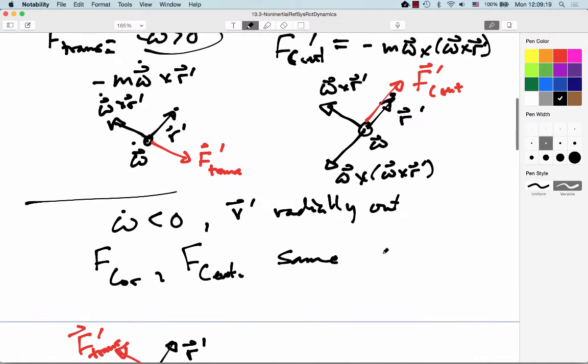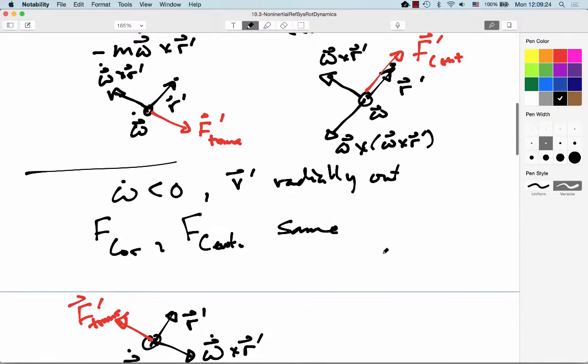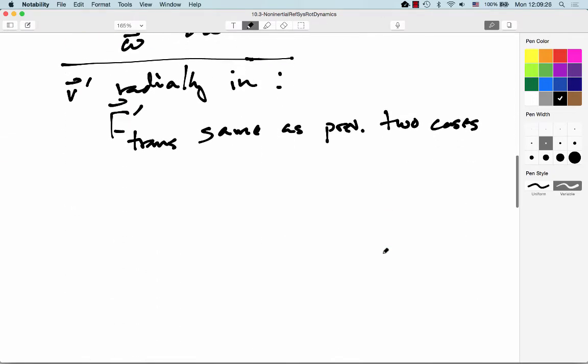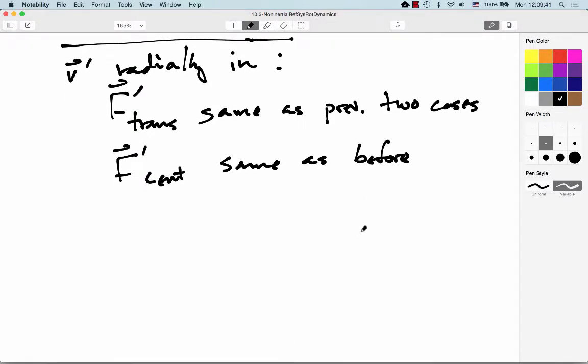And also, the centrifugal force doesn't depend on v at all, so that will be the same as before. So that just leaves us with the Coriolis force.